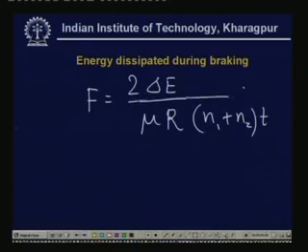So, this is the force required to give sufficient braking action. Now we have studied the energy dissipated during braking, and this much energy will be dissipated in the form of heat.